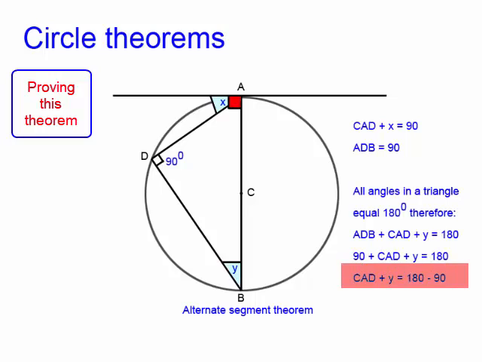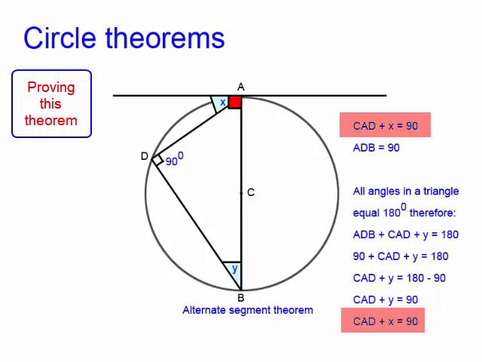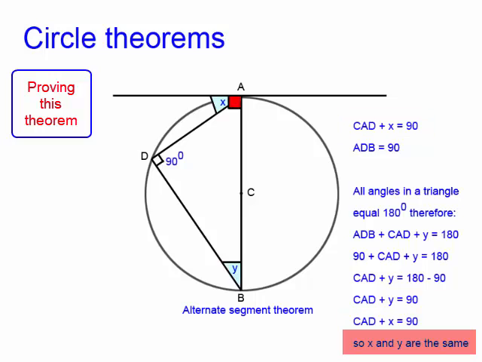Or CAD plus y equals 180 minus 90, or CAD plus y equals 90. But we've already calculated angle CAD plus x equals 90 degrees, so therefore angle x and angle y must be the same, thereby proving the theorem is true.